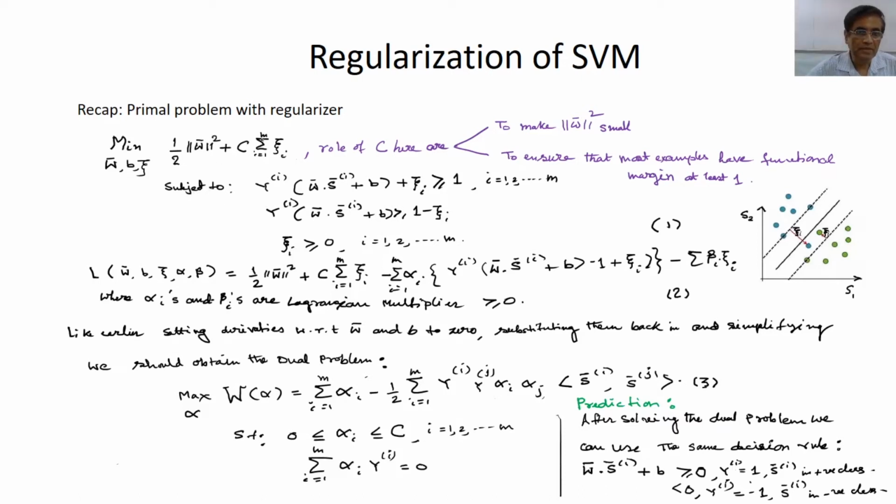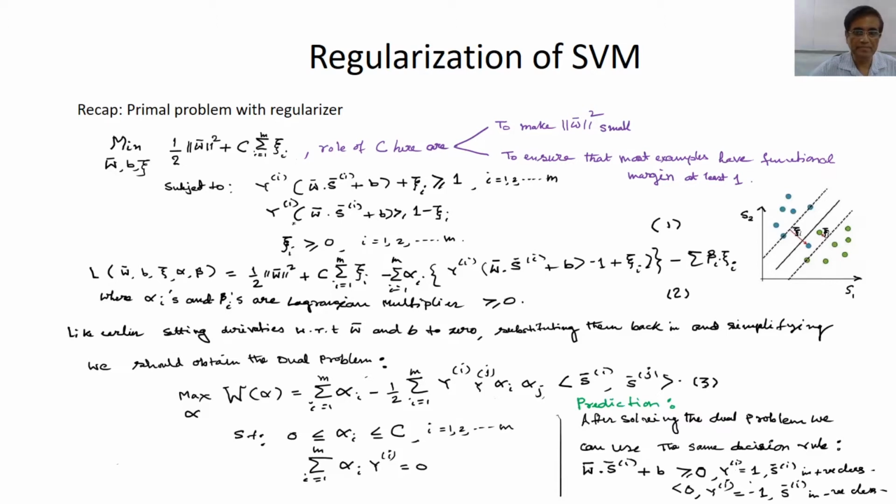So what we have done is just modify the objective function. You can also call this a penalty. We have added a penalty term so that if there are outliers, we will penalize them. And then the constraint also. This was our earlier constraint, y I times, you can recall, W dot S I plus b, plus zeta I. So we have added zeta I here also, and that was the constraint, greater than or equal to 1 for all the samples.